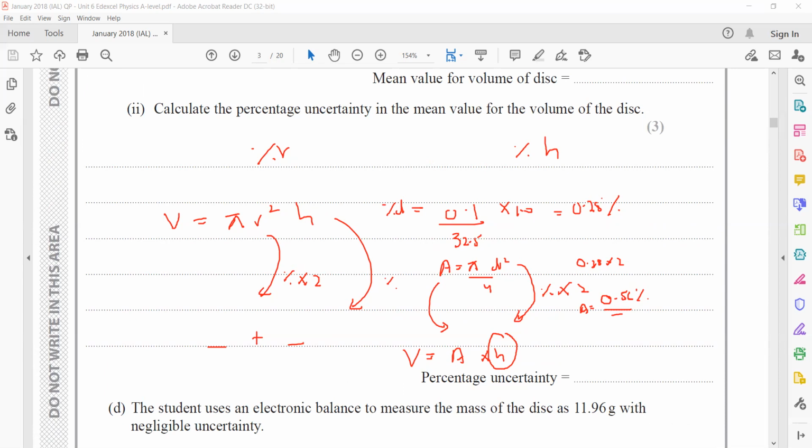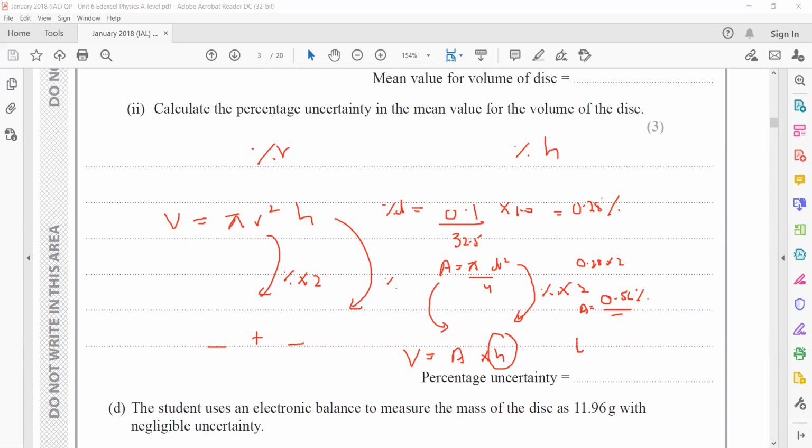Or if you use a half range, normally we use half range, but full range is also not wrong. So the percentage in a half range is maximum minus minimum divided by 2, and then divided by mean into 100.